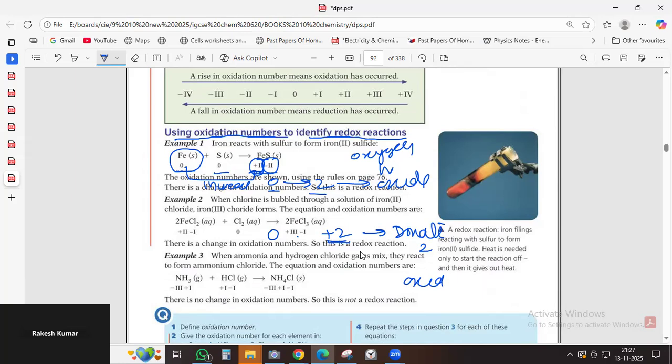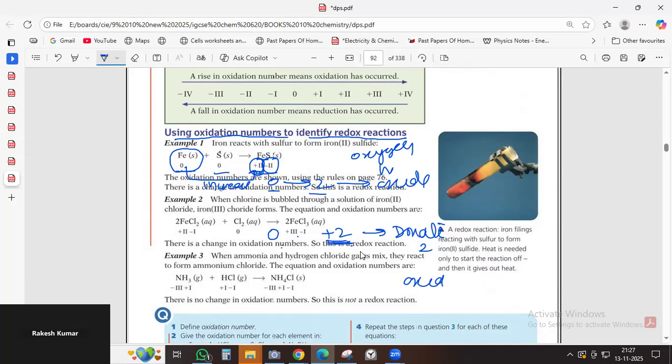Two, the electrons it gives, it develops a charge. Three, the charge is actually a form of oxidation number. And four, if somebody goes from 0 charge to +2 charge, it has an increase in oxidation number. That is called oxidation. It also means it is donating electrons. That is also oxidation.